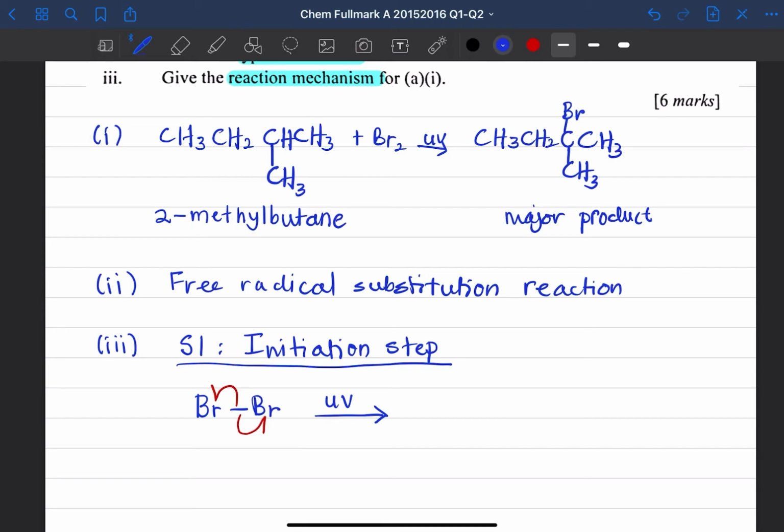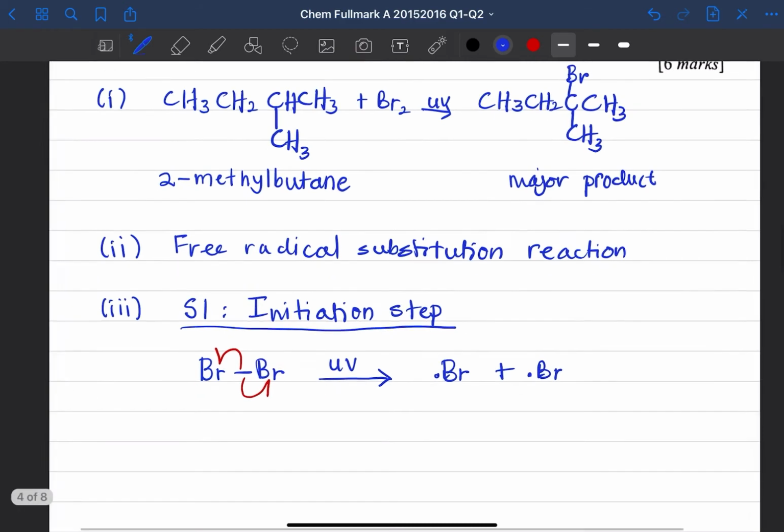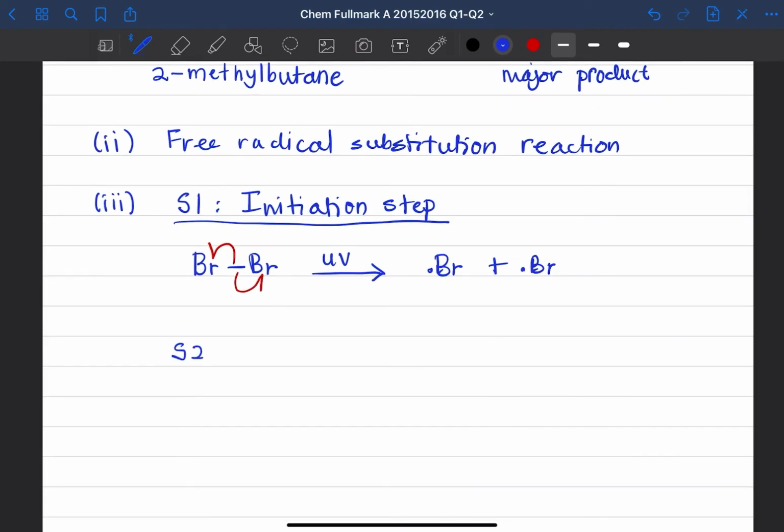So we have Br free radical and Br free radical. This is what happens in the initiation step. Next, step 2, we call it the propagation step.